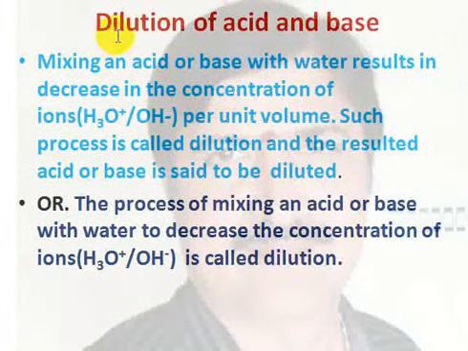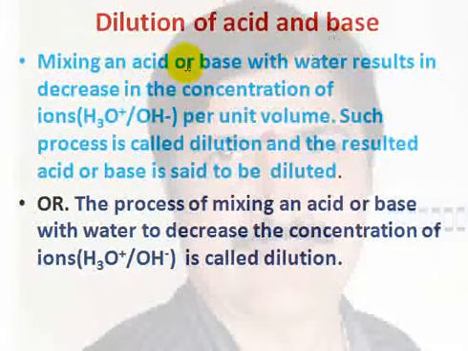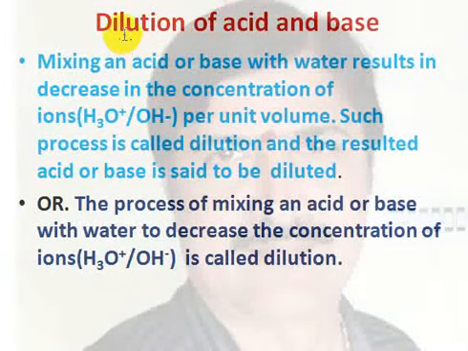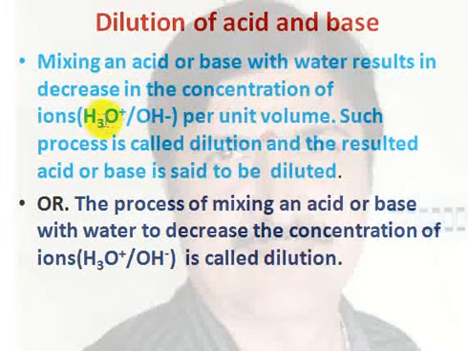Then what is meant by dilution of acid? You know how to dilute acid, but what is meant by dilution? Dilution of acid means decreasing the concentration of H+ ions per unit volume. You have an acid in a beaker.